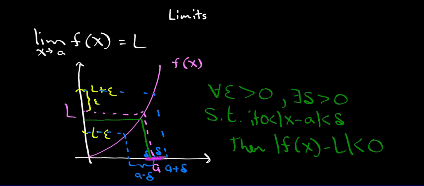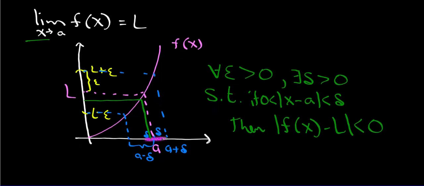No matter what epsilon you choose, I can find a delta that boxes in the a, so that if the distance between x and a is less than delta, then I'm guaranteed that it will correspond to a function value within epsilon of L on the vertical. So no matter what epsilon neighborhood I choose, I can find a delta neighborhood. Any questions about that? That's just a reminder about what we mean by this limit.